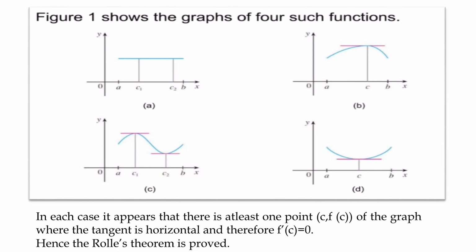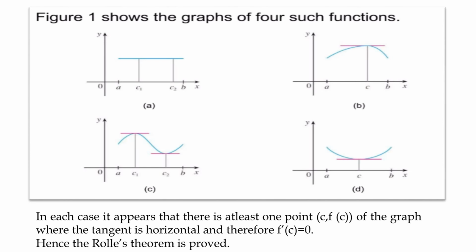Now, in example C, where the greatest value is not equal to the least value, case 2 as I have discussed, see the function attains the greatest value at c1 and the least value at c2 in the interval (a, b). At the point c1, I have drawn a tangent. Once again, it is parallel to the x-axis, the slope of the x-axis is 0, so f dash is 0.